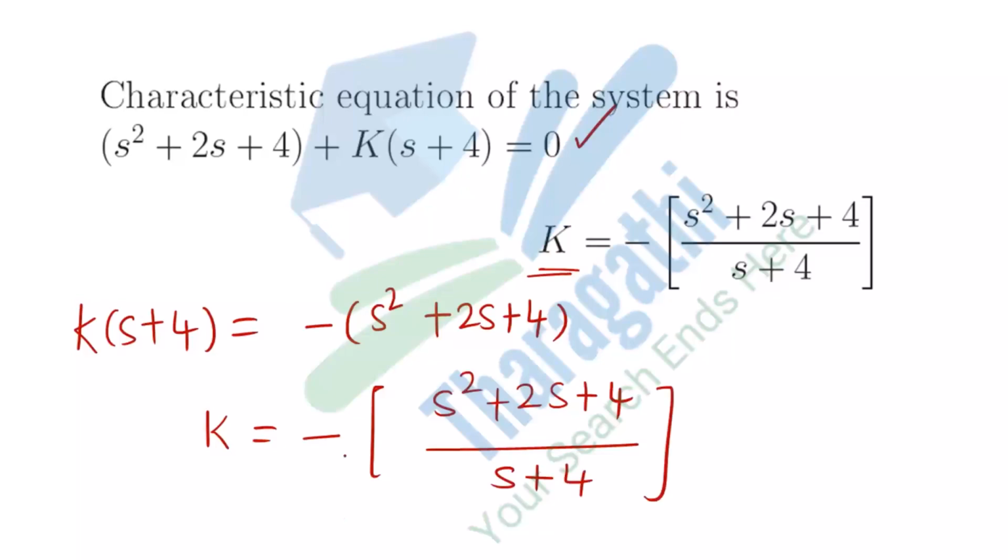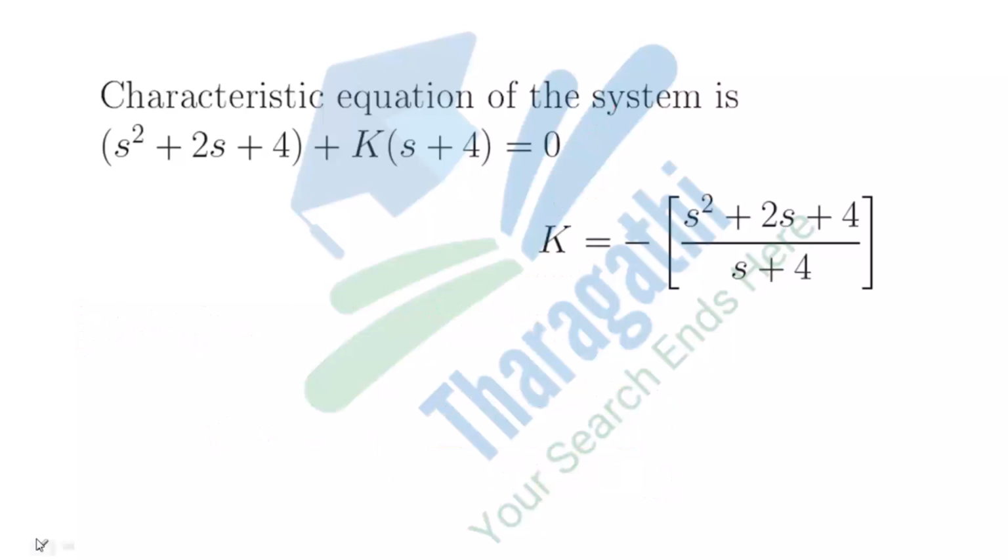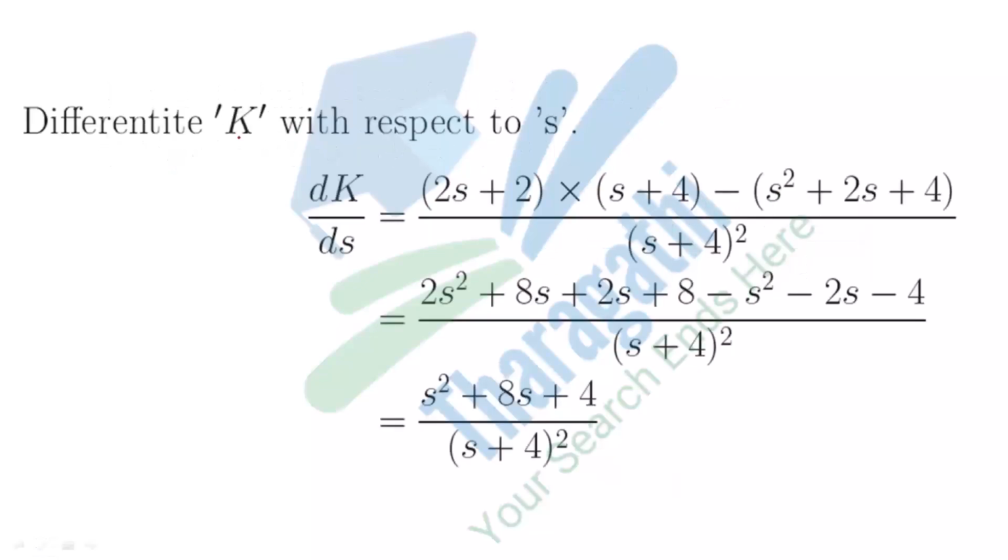This is the value of K. Now, to find the breakaway points, we need to differentiate K with respect to s, find dK/ds, and equate it to 0.